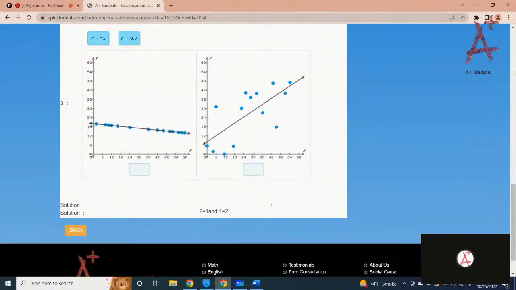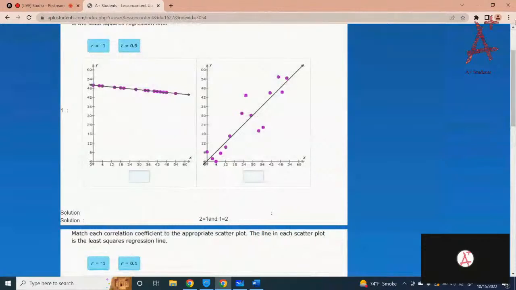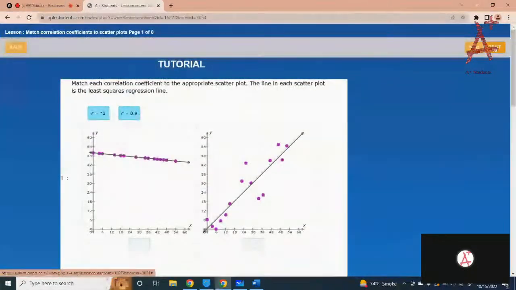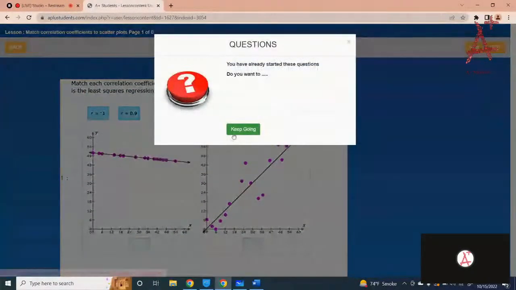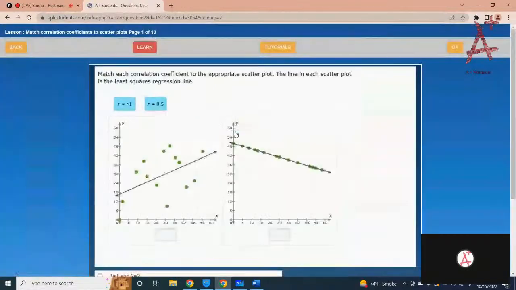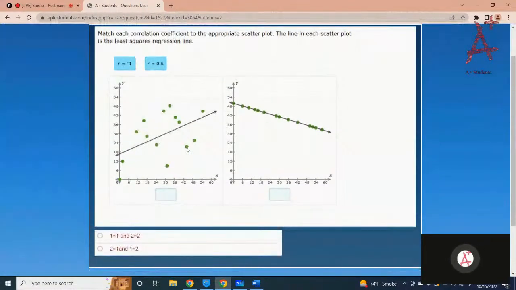Let's start with the test questions. Okay, match each correlation coefficient to the appropriate scatter plot. The line in each scatter plot is the least squares regression line.